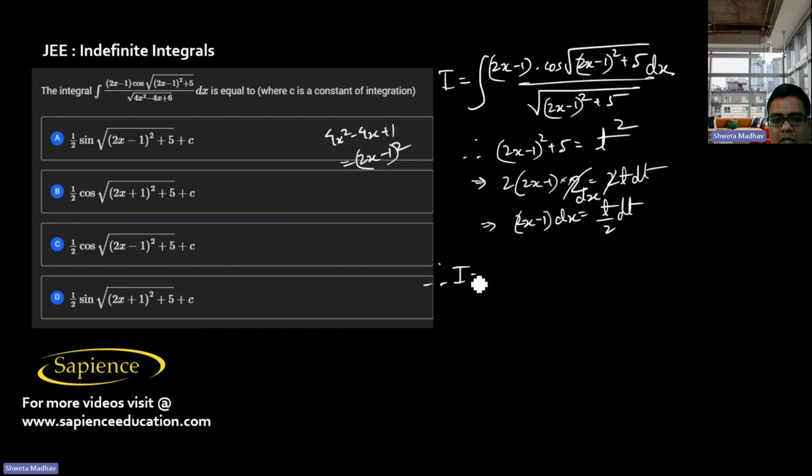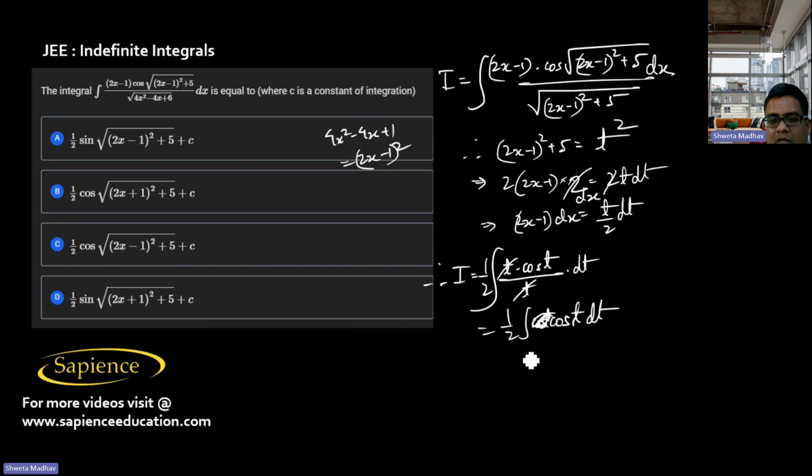So therefore the integral I can be written as integral 1 by 2 t into cos t by t into dt. So dt will cancel. So that is half integral cos t dt, and integral cos t is sine t.